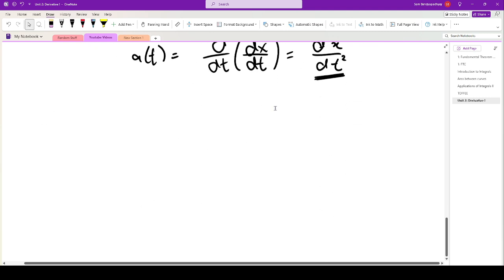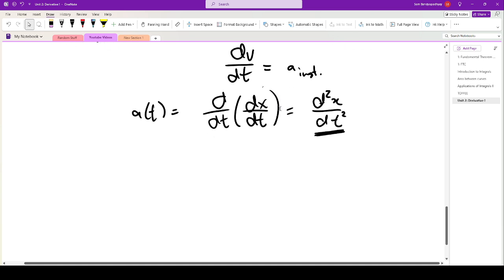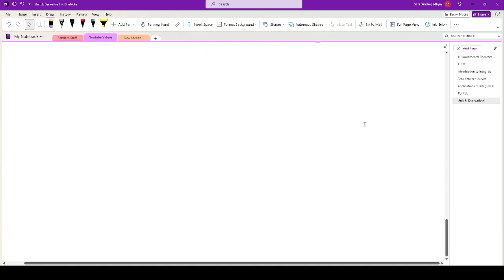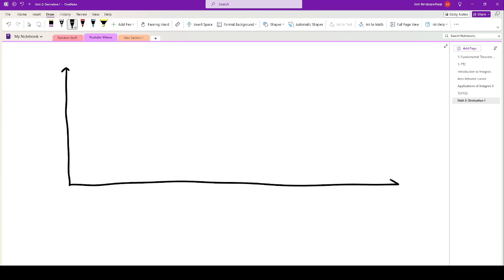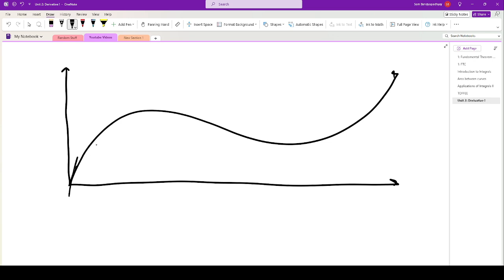Okay. Now let's talk about differentiability and continuity, and what the relationship is between the two. Any function that's continuous everywhere, say something super smooth like this, visually you can see that at every single point there's only going to be one tangent line.